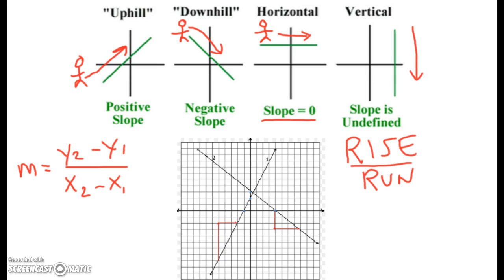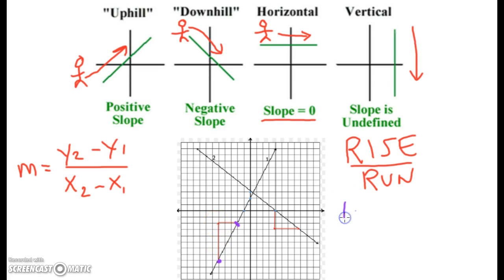All right, so the first one, let's do line 1, this one right here. I already have 2 points marked, so here's 1 point right there, and there's another point right there. If I count rise over run, my rise, I'm going up 1, 2, 3, 4, 5, 6.